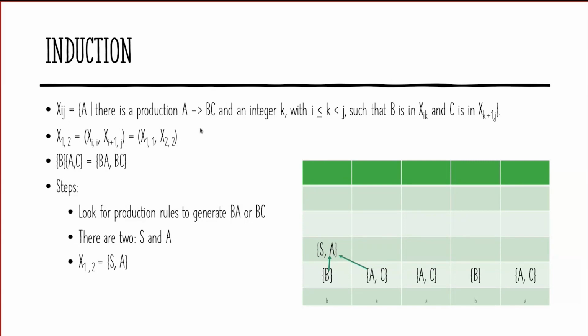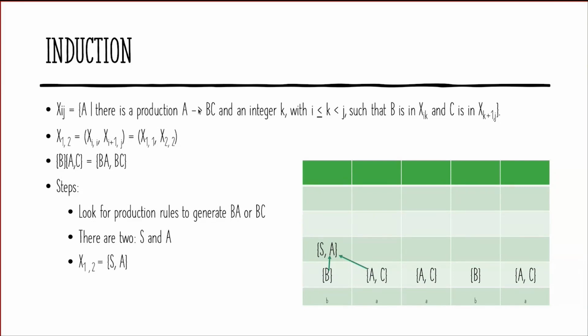By using this formula, for every Xik and X(k+1),j, we can find two combinations: BA and BC.